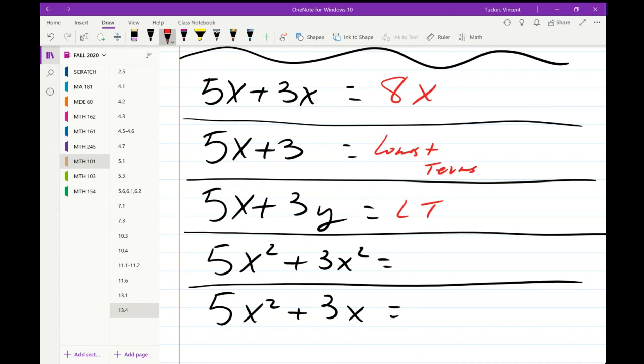Can I add those together? One has x, the other one has y. 5x squared plus 3x squared would be 8x squared. And then the last one, 5x squared plus 3x, is already in lowest terms, because one has a power of 2, the other one doesn't.